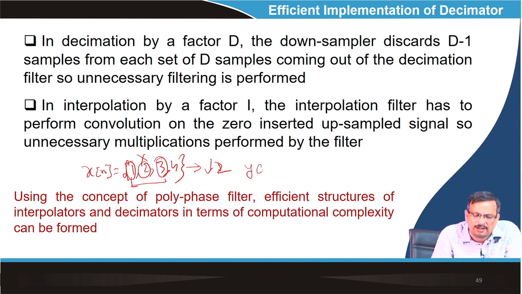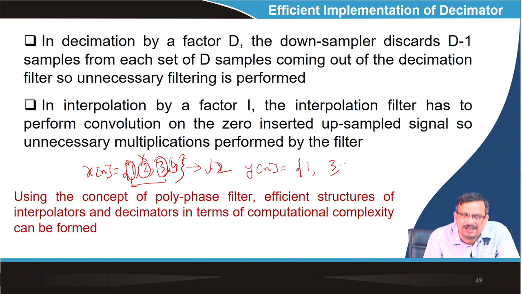So, y of n is nothing but 1, 3, and 4 will be discarded and 5 will be selected. So, when I want to implement the filter after downsampling or upsampling, what am I doing? Basically, the discarded samples are also included in my computation if I implement the filter.